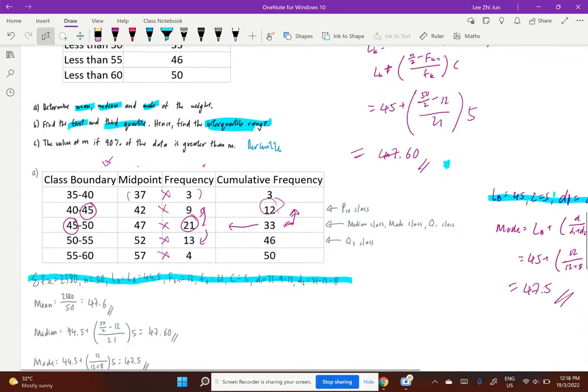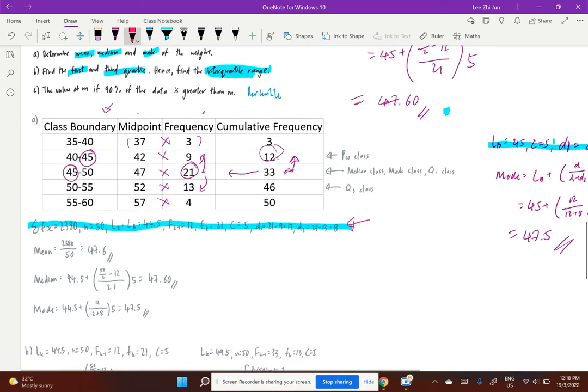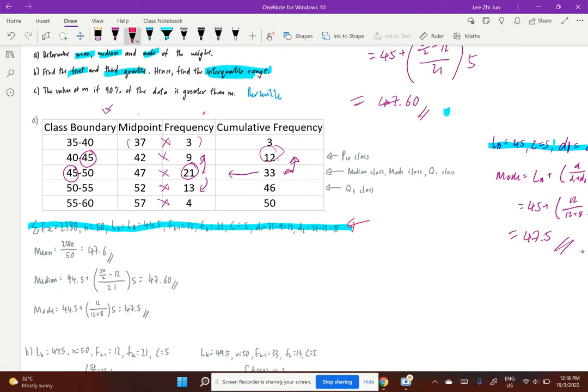For me, I have mastered it, so I just write all the info I need here, and I just take what I need. Mean I need this, median I need this and that, and mode I just need this and that here, to find the answer.